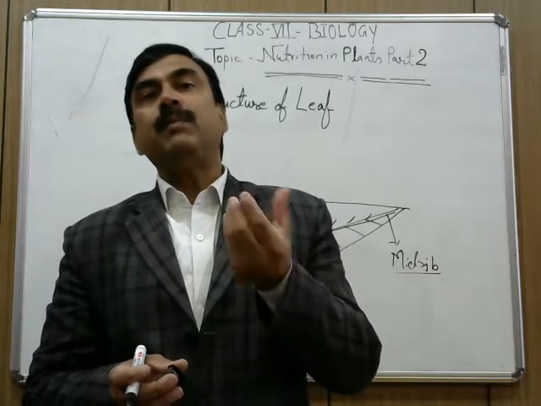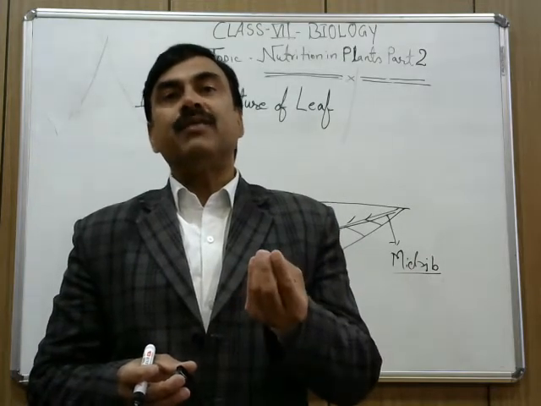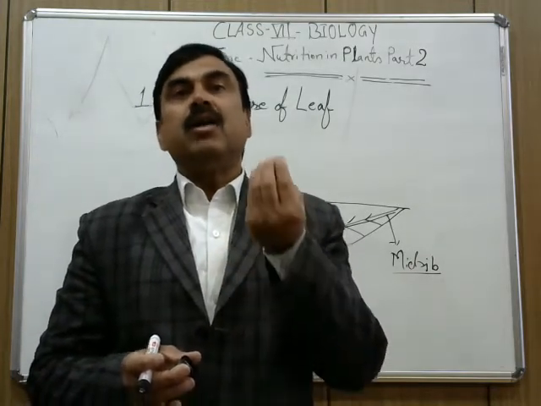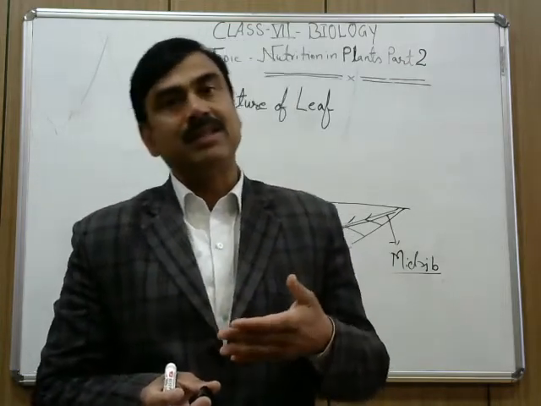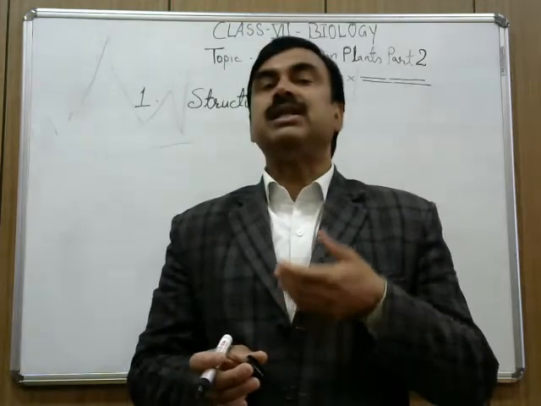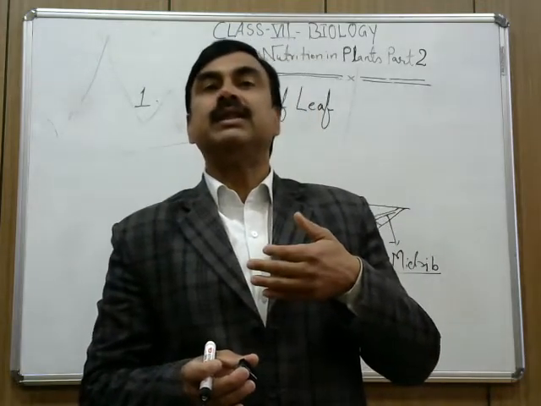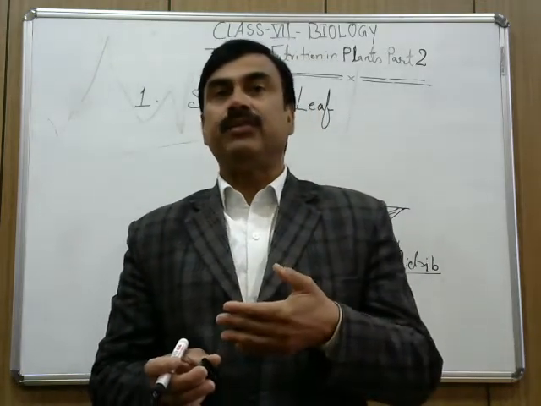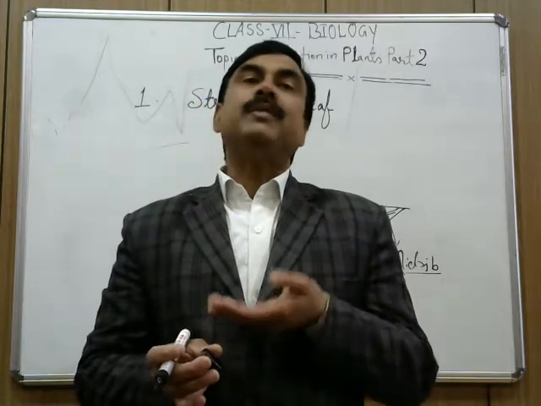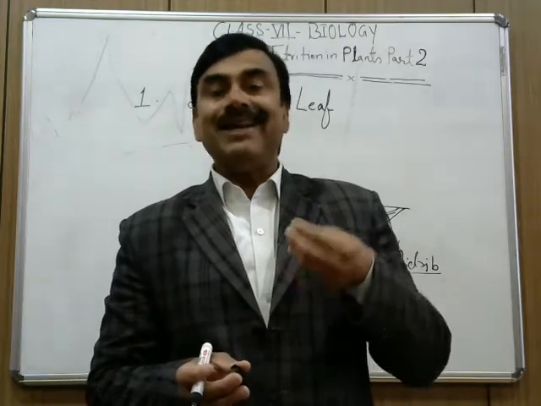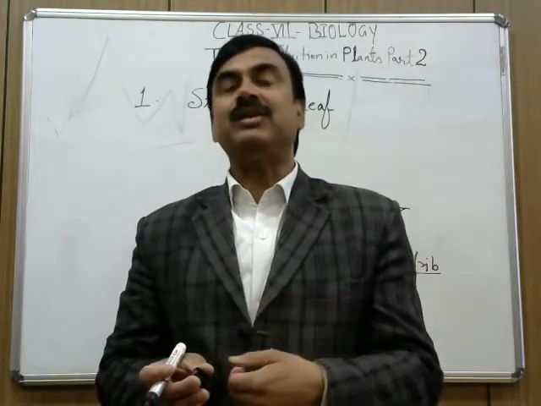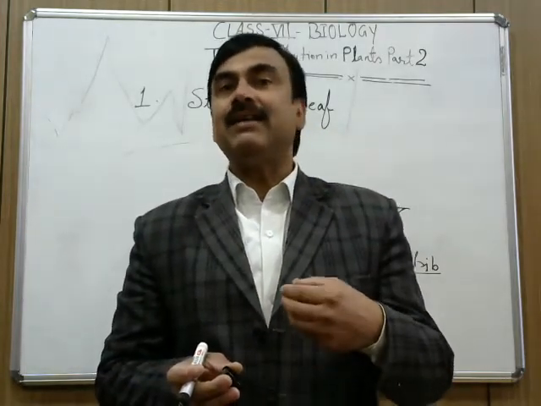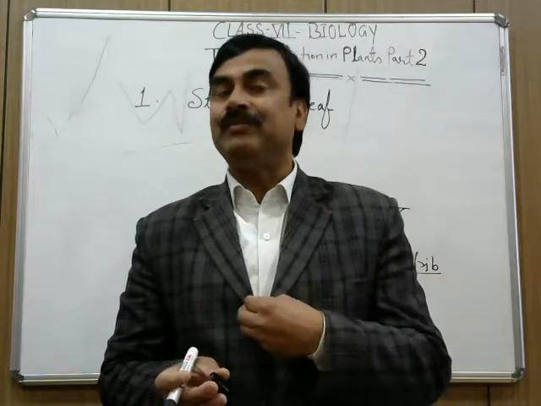This stomatal pore, called the stoma, opens during the daytime when photosynthesis takes place, and it closes during night time when photosynthesis does not occur. In open stomata, oxygen is released out and carbon dioxide is taken in.